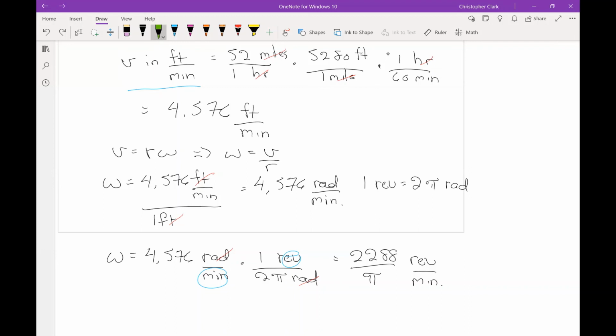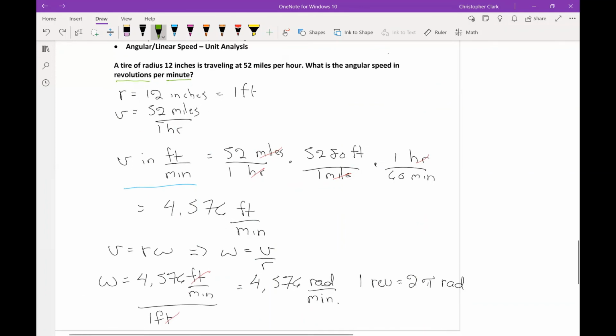So you now have 4,576 radians per minute. That's what is left over. The feet are canceled, so the question is what is left up top? The answer is just radians. So radians per minute. And we know that 1 revolution is equal to 2 pi radians, right? We're looking for revolutions per minute.